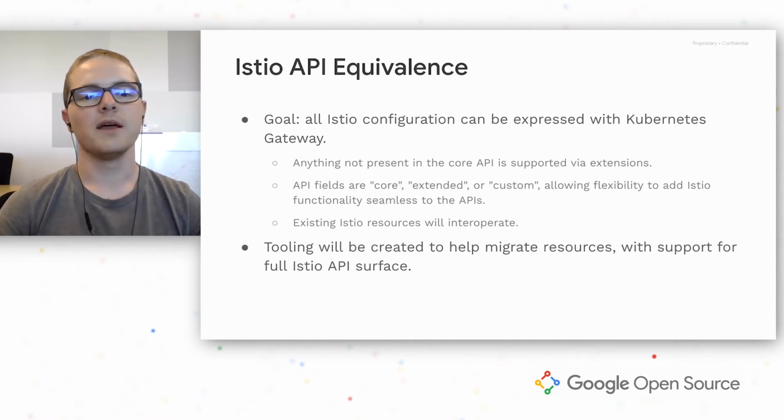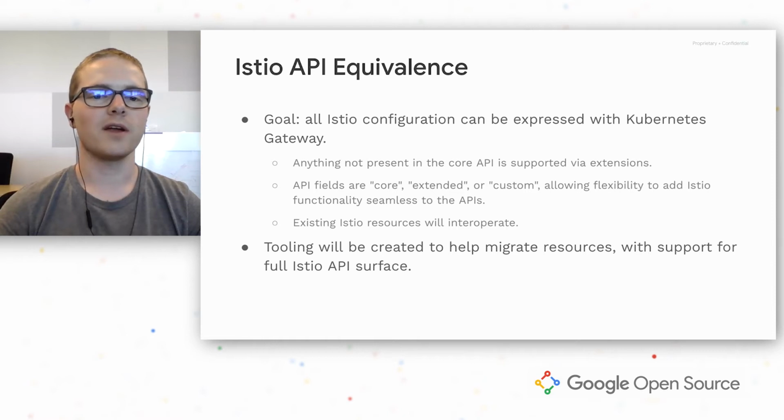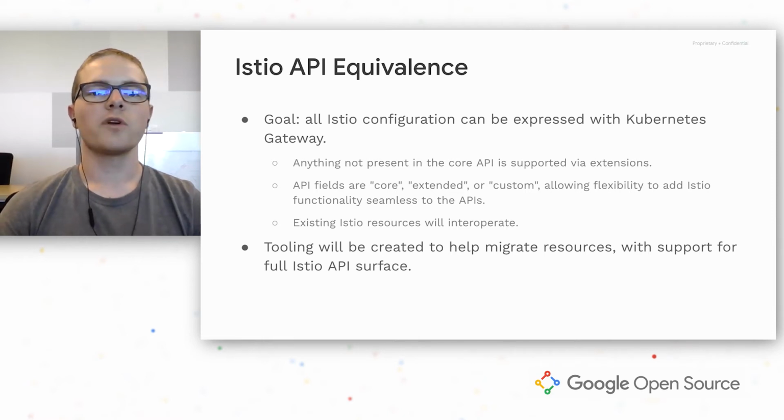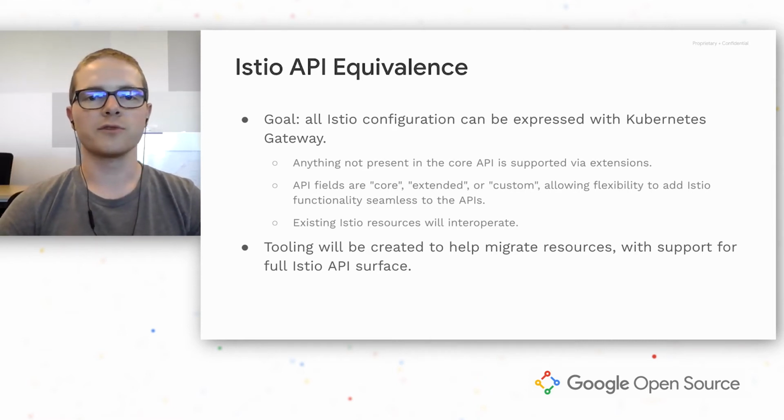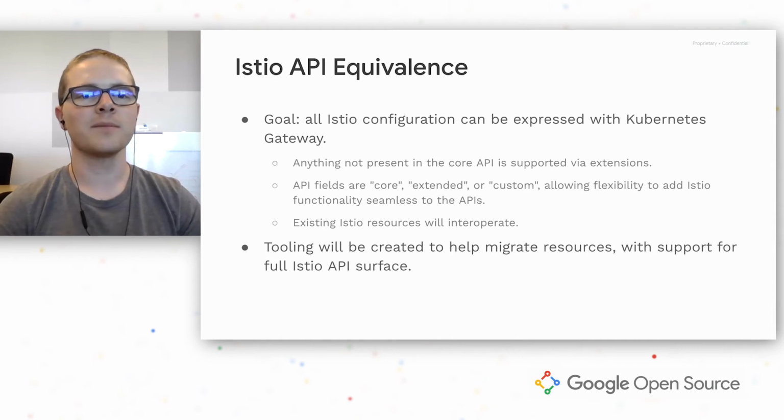So we will have extensions instead, and I'll dive a bit deeper right after this into what those extensions are. The other important thing is that we're going to have interoperability between Istio resources and the Kubernetes Gateway API.